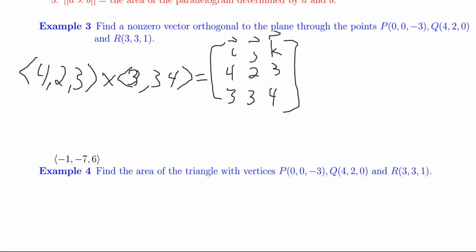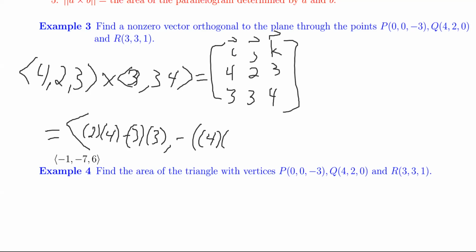So this is equal to the vector: first coordinate is 2 times 4 minus 3 times 3. Second coordinate is negative of 4 times 4 minus 3 times 3. And the third coordinate is 4 times 3 minus 3 times 2.